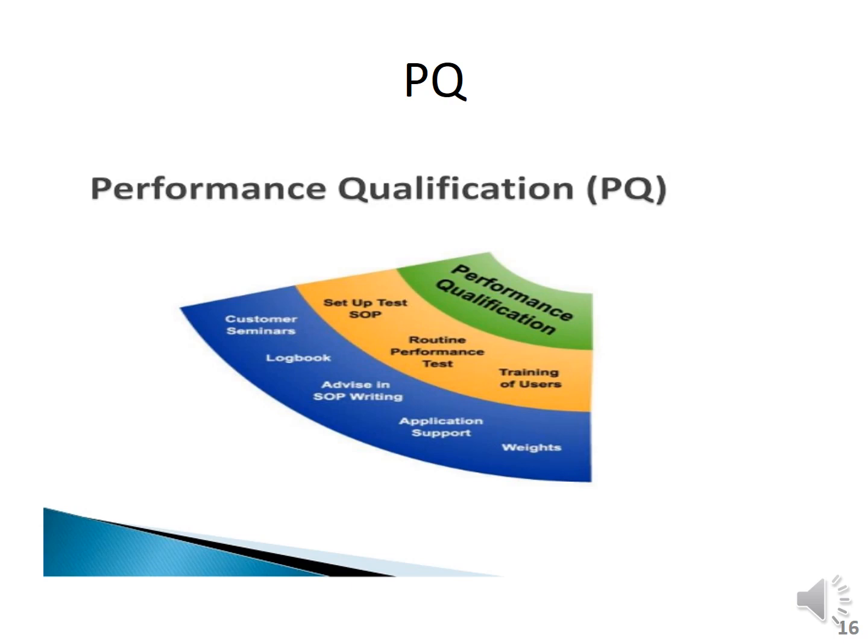Application support, application of the system, application of the instrument, whatsoever the support is required, that detail is given, and the weights you are using. These are the secondary requirements for performance on the machine, weights are one of them, right?